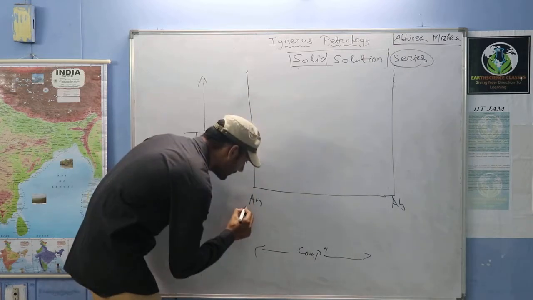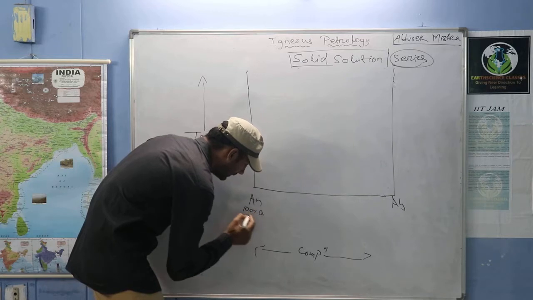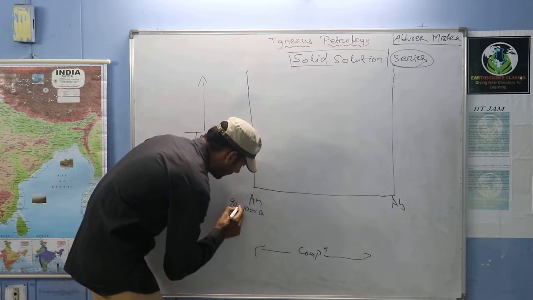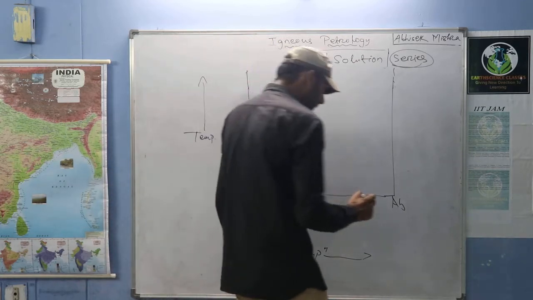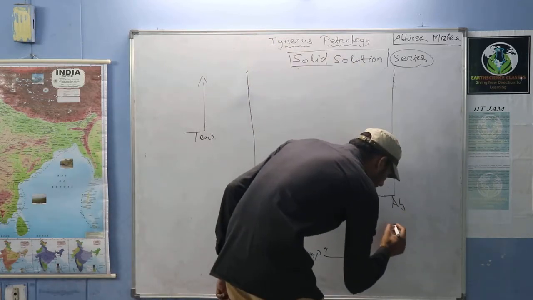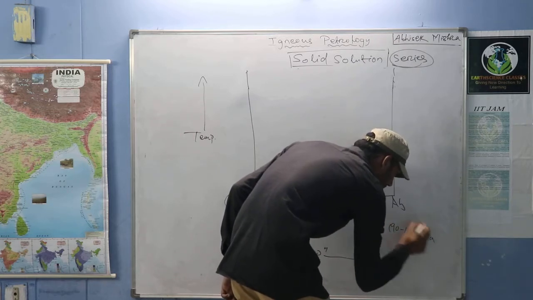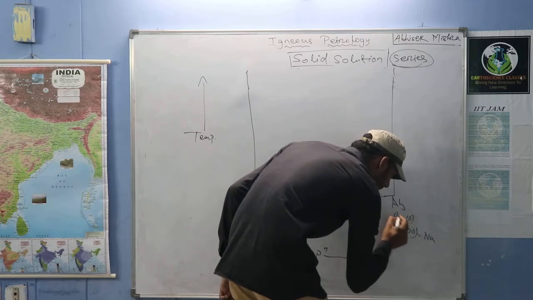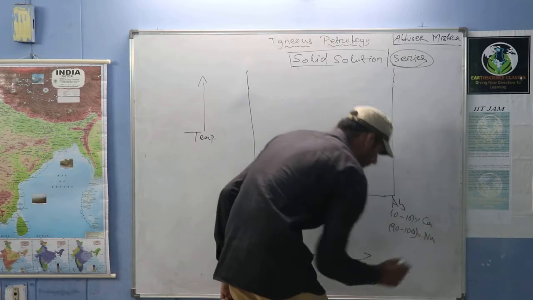Anorthite means 100% calcium, 90 to 100% calcium. Albite means 90 to 100% sodium and 0 to 10% calcium, right?